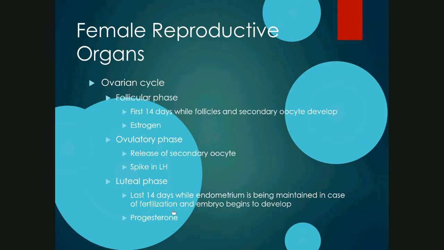Now, towards the end of this luteal phase, if there's no fertilization and no zygote that implants in that endometrium, then the luteal phase stops. Progesterone stops being released, and at that point the endometrium stops being supported, so it releases from the inner wall of the uterus and starts to be removed out of the female's body, and that is called menstruation.